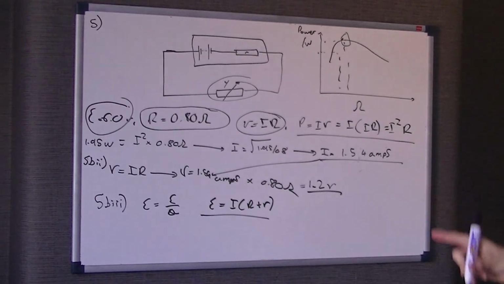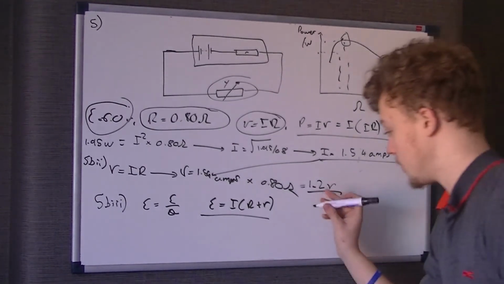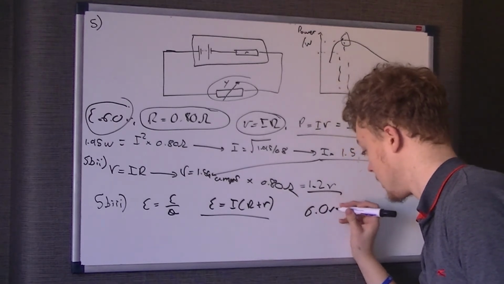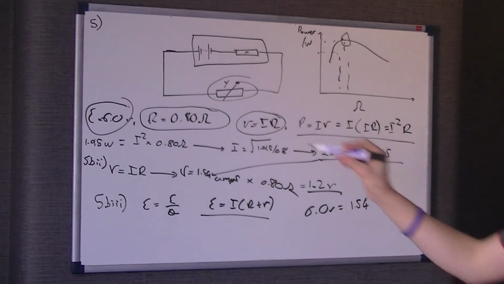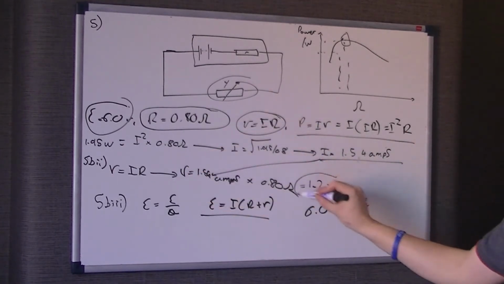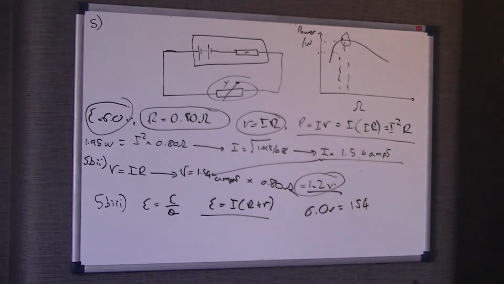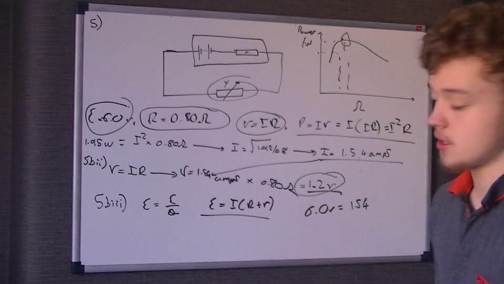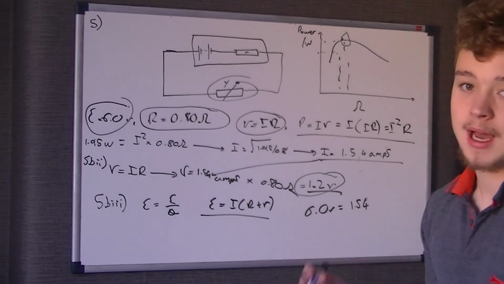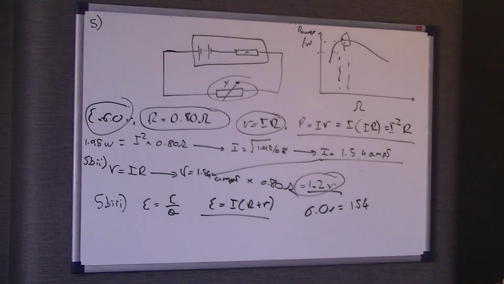So you know the EMF is 6 volts, you know the current is 1.54 amps. It did tell you what V equals IR was here, and we've worked out V, so you might want to use V equals I big R, and you could change that to E equals V plus I little r, but that's completely up to you.